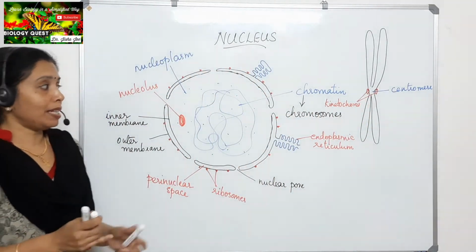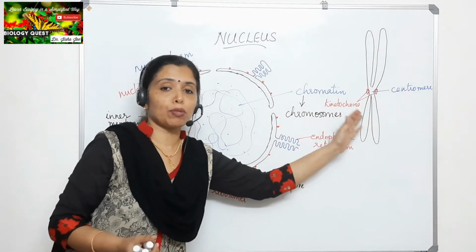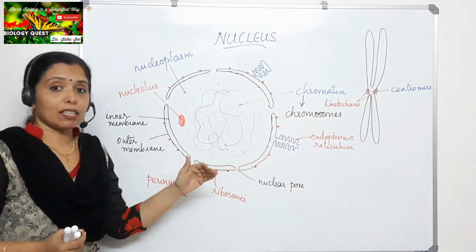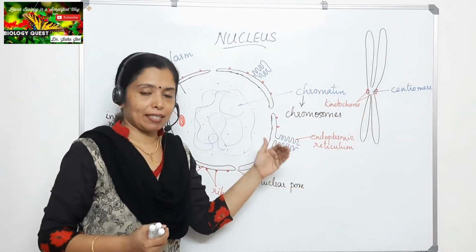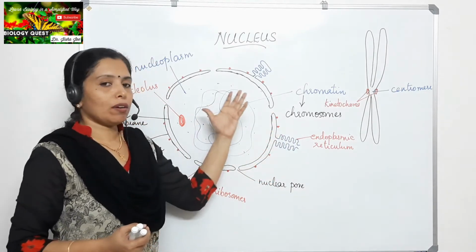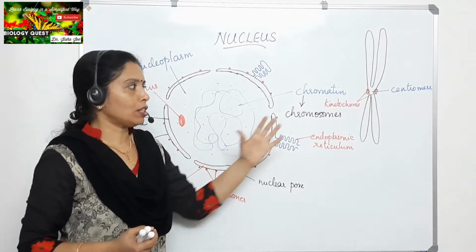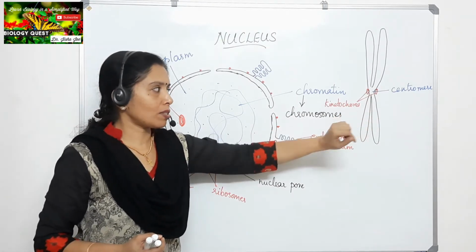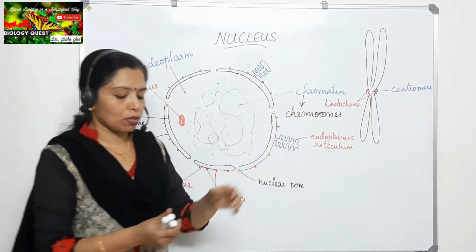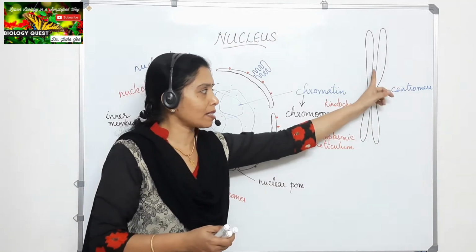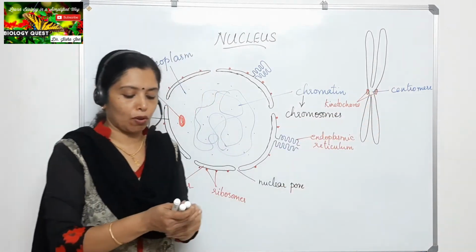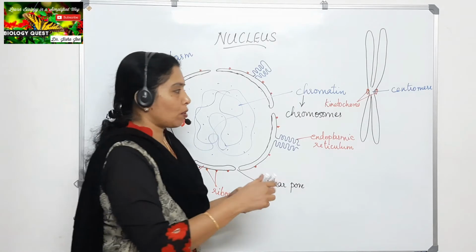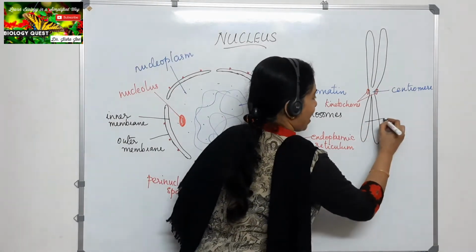So when will the chromatin form chromosomes? When the cell enters into the cell division stage, these long fibers condense and coil to form what we call the chromosomes. And this is the structure of a chromosome. Each chromosome will have two arms. You can see the two arms of the chromosome, and the two arms of the chromosome are called chromatids.